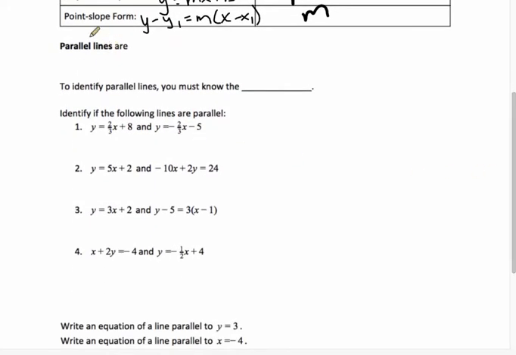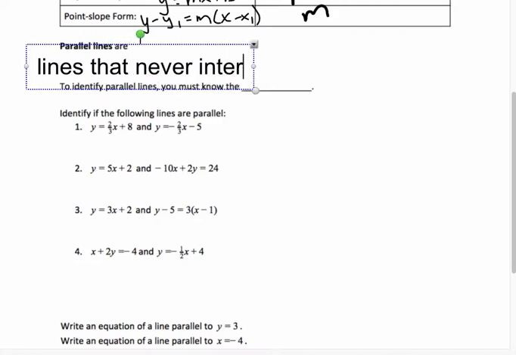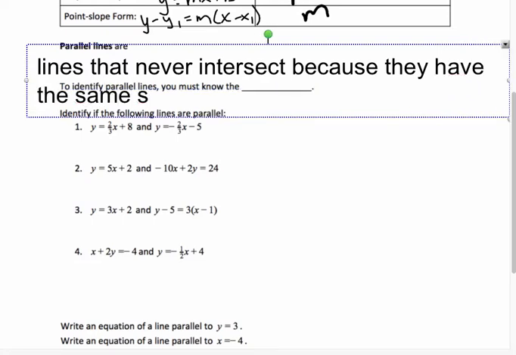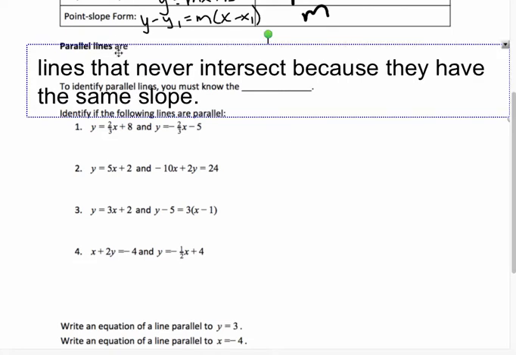Okay, so parallel lines are lines that never intersect because they have the same slope.